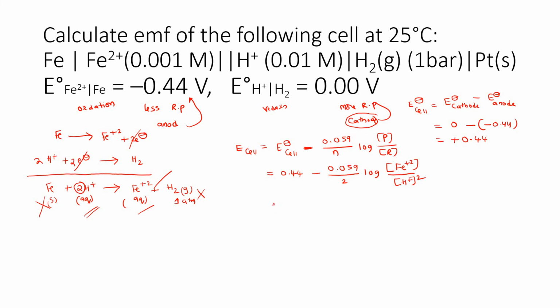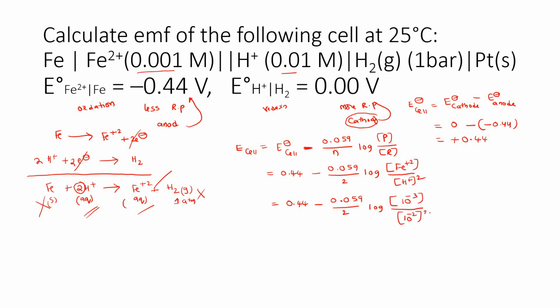Now substitute the values here. 0.44 minus 0.059 by 2 into log. Fe plus 2 concentration is given as 0.001, that means 10 to the power of minus 3, divided by H plus concentration, 0.01, that means 10 to the power of minus 2.